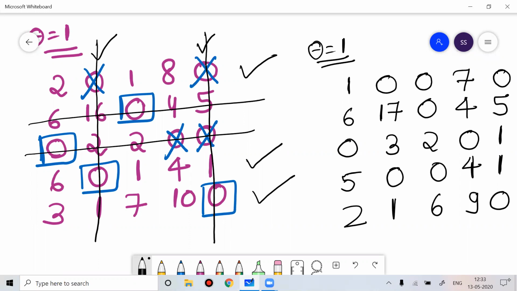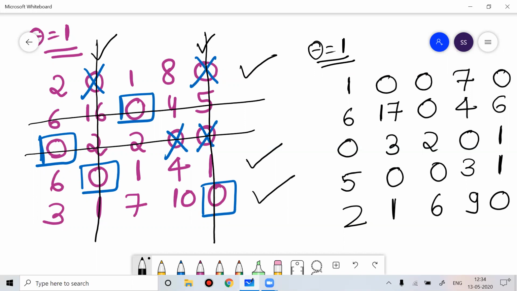So let me just confirm: 1 0 0 7 0, 6 17 0 4 5, then 6 0 3 2 0 1, then 5 0 0 3 1, then 2 1 6 9 0.